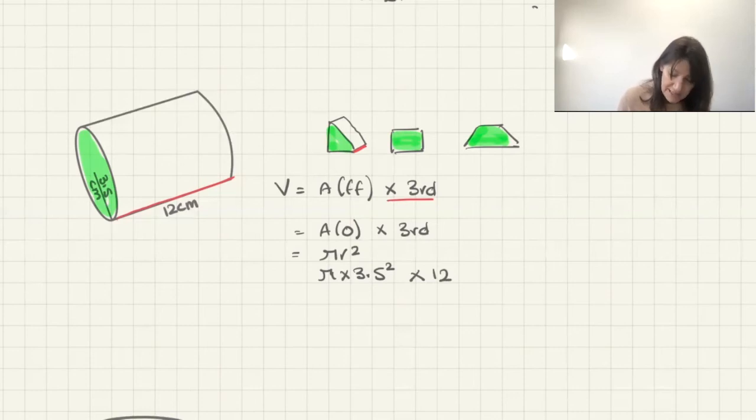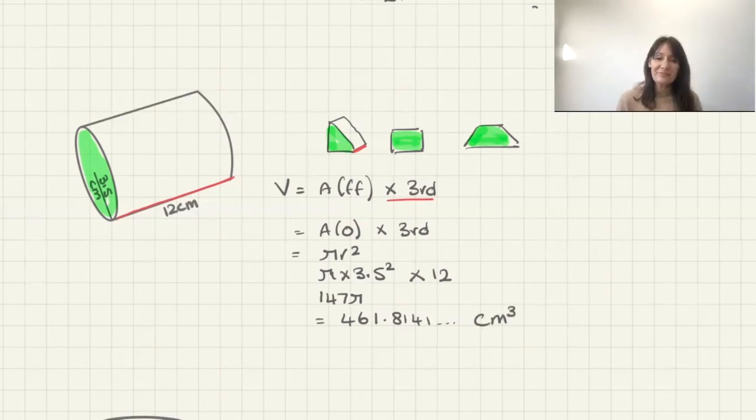You throw that into your calculator, which is going to give you 147 pi, and you've got an answer of 461.8141, on and on it goes, centimeters cubed. And that's it. So you can see it's a lot easier than surface area, because it's one thing, not two separate things that you then have to add together. It's just one thing, in it goes, and you've got your answer.